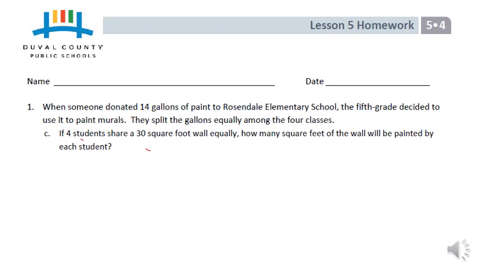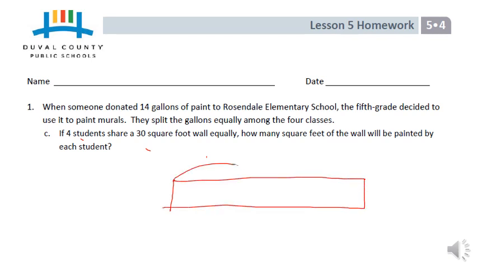Now C, if 4 students share a 30 square foot wall equally, how many square feet of the wall will be painted by each student? Okay, so let's do a tape diagram. And we know that the total up here is 30 feet squared. And it says they're split up by 4 students. And I want to know how much each student painted.